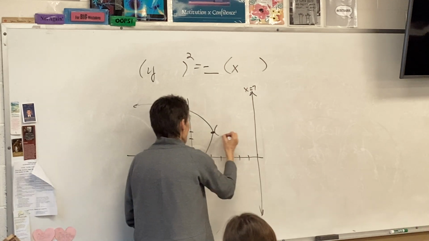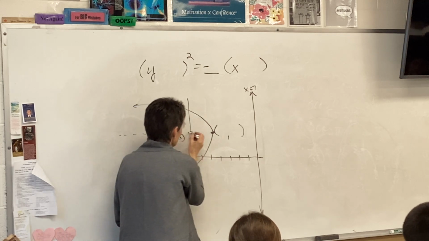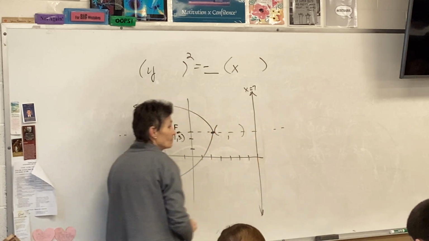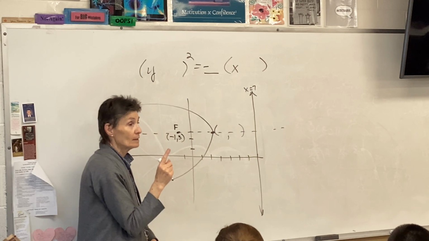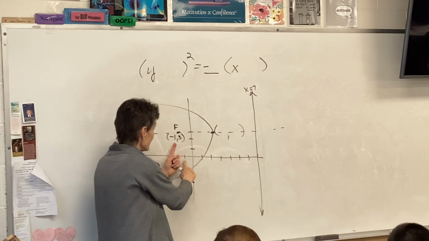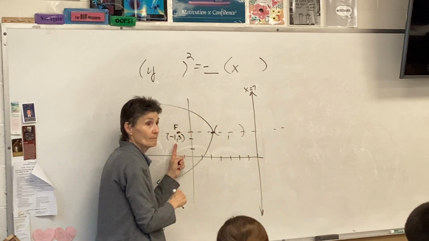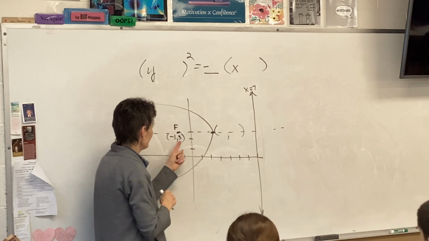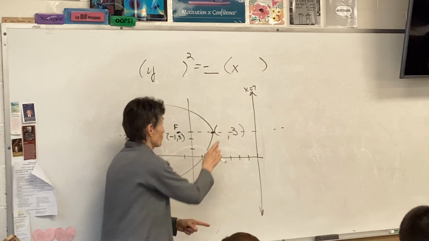Can you tell me anything about the vertex? Now remember, this is your axis of symmetry right here. Probably like halfway. So it's going to be halfway between -1 and 7. And it's going to be up 3. Would everybody agree with that? That the y is 3?